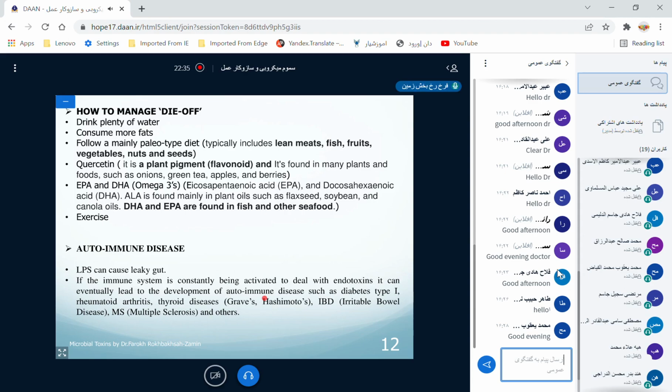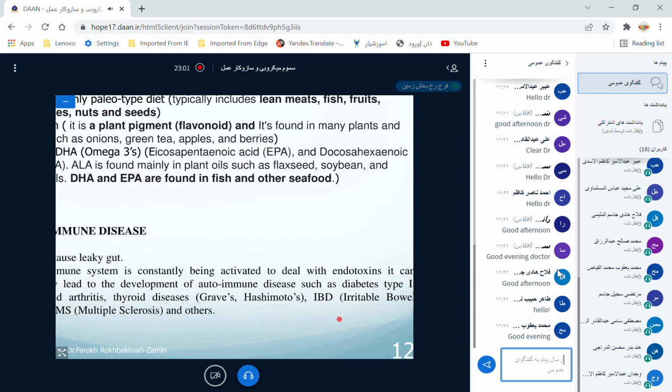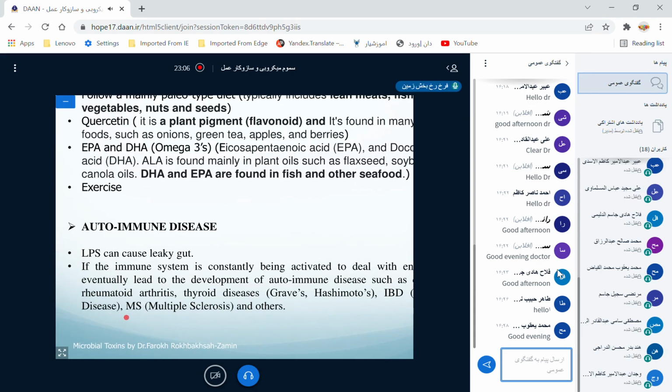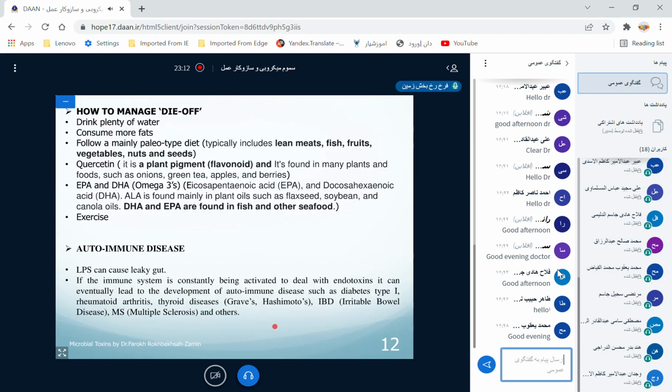And maybe this autoimmune response can be responsible for diabetes type 1, rheumatoid arthritis, thyroid diseases like Graves and Hashimoto disease, IBD, inflammatory bowel disease, MS, multiple sclerosis, and other diseases.